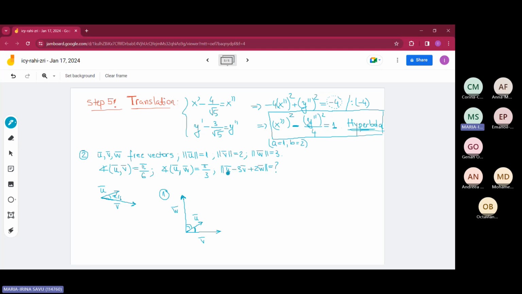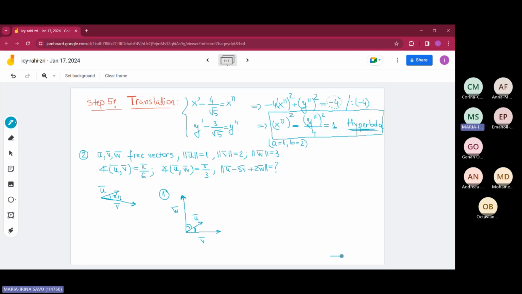Let's see how u minus 3v plus 2w looks. So we have u minus 3v. Minus 3v means that you have to draw the vector v in the opposite direction, because this is v, this is minus 3v. So let's see if I have enough space here.